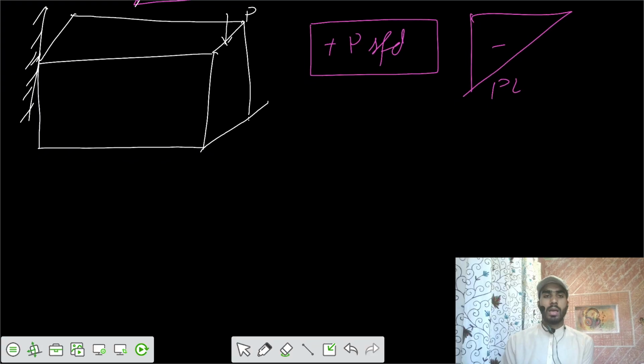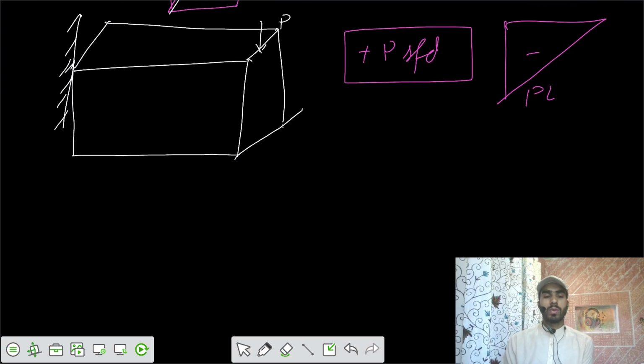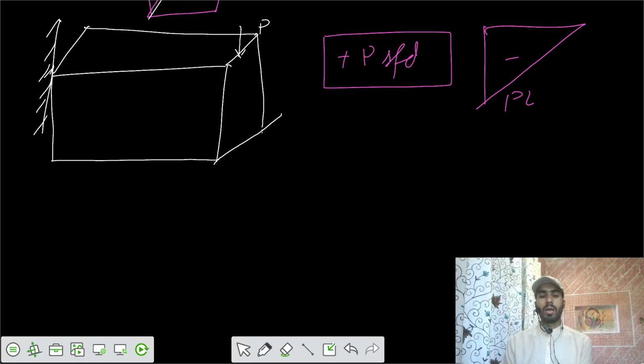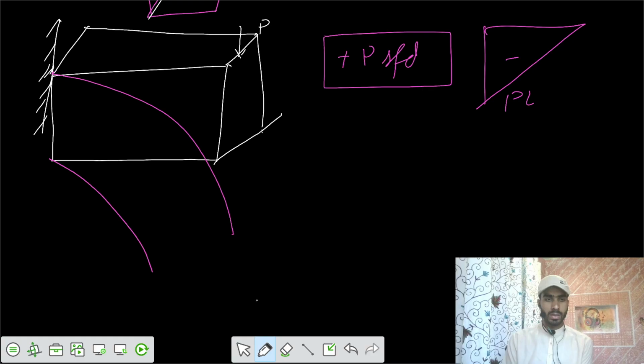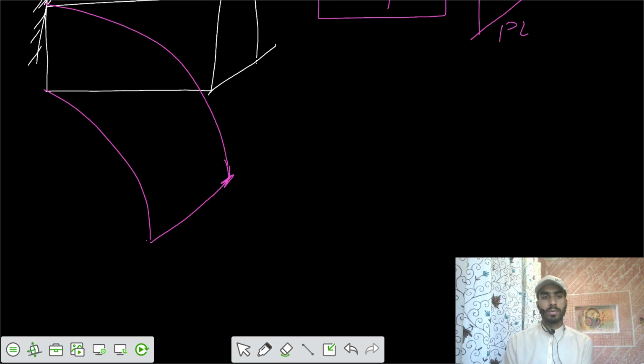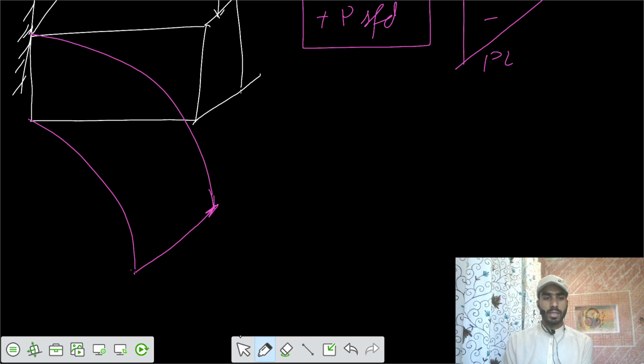Now let's see the variation because of the bending, how the section has been deformed. Let's say the beam bends in this fashion. Now if you draw this, this is the final plane. Here the shear force is 0, but at the end the shear force is not 0. Let's make the first plane.